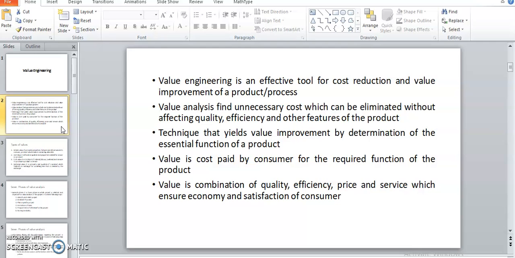So how can you define value? Value is nothing but the cost paid by the consumer for a particular product or a particular service.